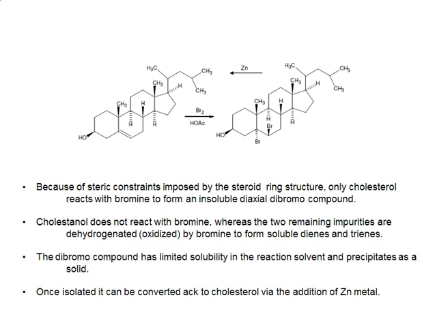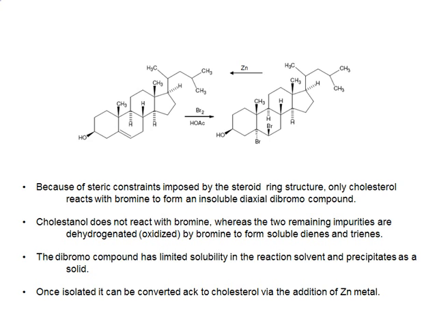However, because of sterics and the way the steroidal ring is structured, and you can see this if you try to draw the six-membered rings as chairs, it's more difficult to add bromine atoms to those other two compounds on the bottom left and right on the previous slide. So those other two compounds get oxidized by bromine, and they form dienes and trienes. In other words, they add more double bonds through an oxidation process that we won't go into.